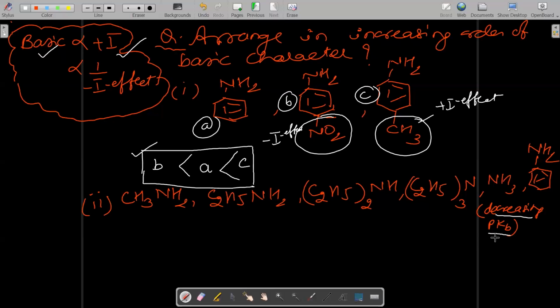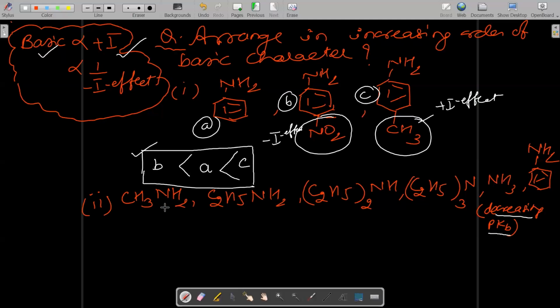So when the question is given in pKa or pKb, it is not mentioned as aqueous; it is indicating aqueous phase only. So this question's answer you have to write according to the aqueous phase, not according to the gas phase.